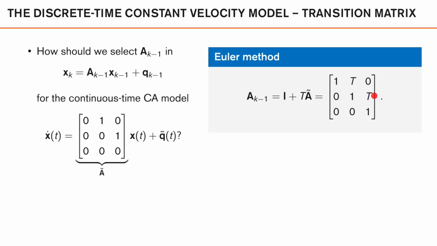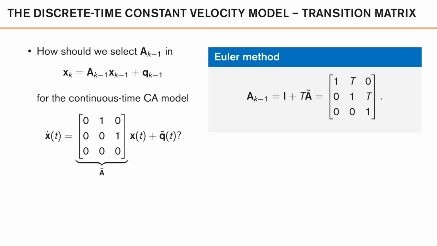So if we try to interpret this discrete time model, we see that the current position is the previous position plus capital T times the previous velocity, but the acceleration state does not come into play here. For the velocity, however, we see that the current velocity is the previous velocity plus T times the previous acceleration.